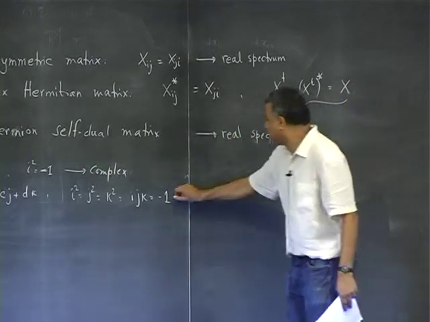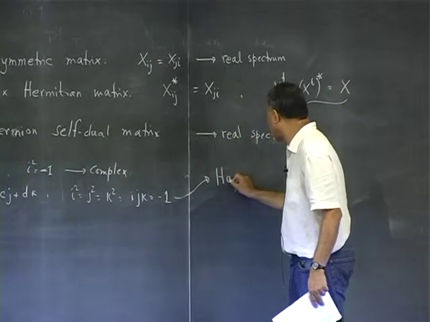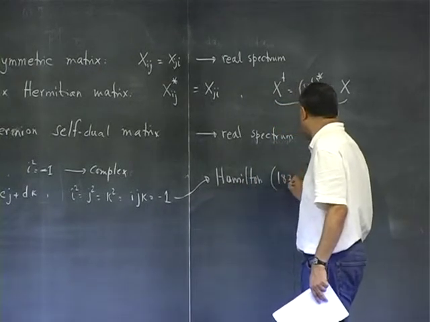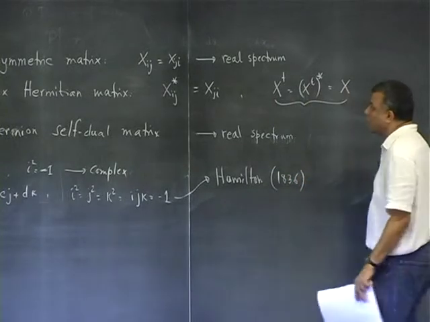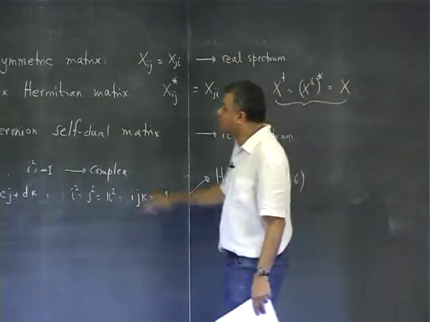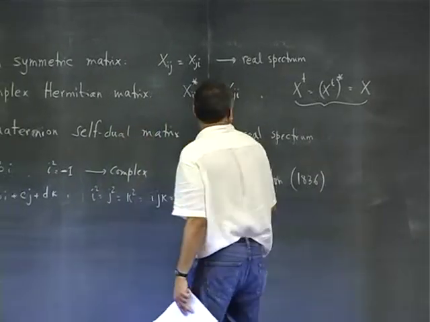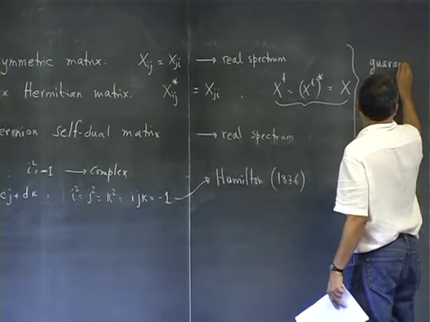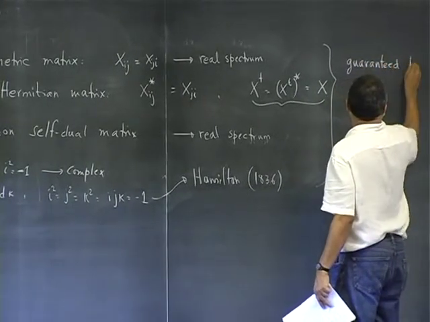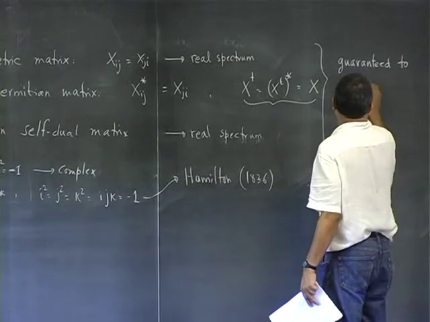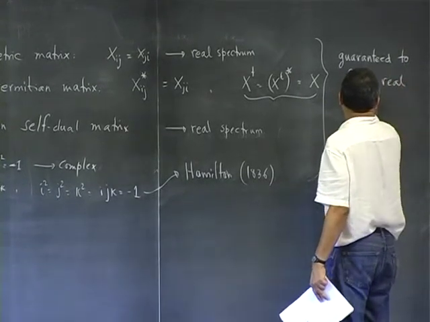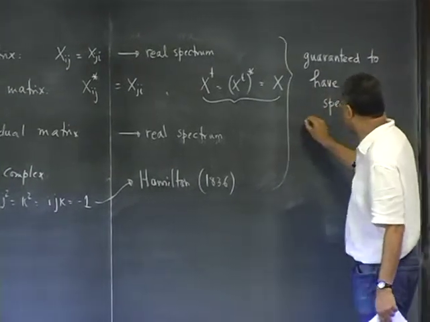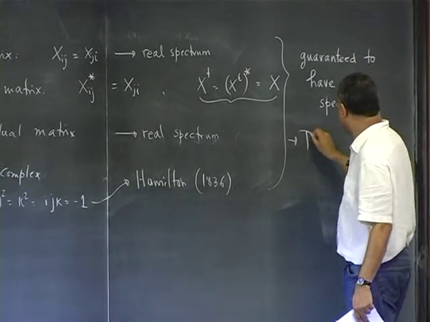It was discovered by Hamilton in 1836. These three types of matrices are guaranteed to have real spectrum, and these three ensembles are called Dyson's threefold way.